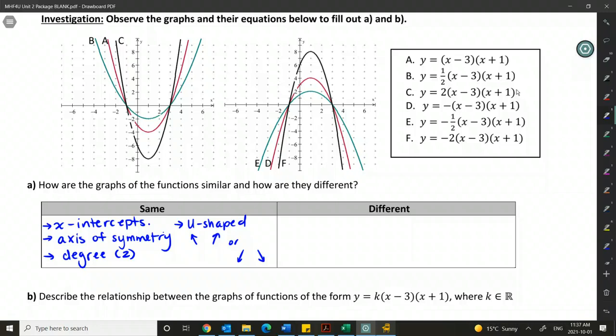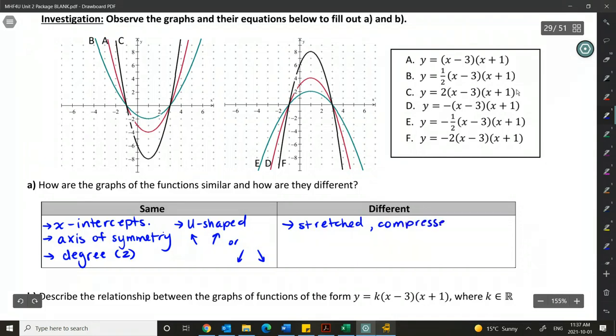Okay, what's different? Clayton? Some are skinnier and some are wider. Okay, so some are stretched and compressed. Michael?